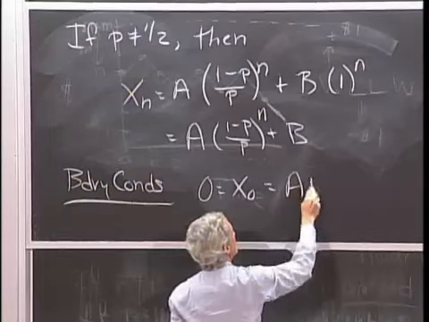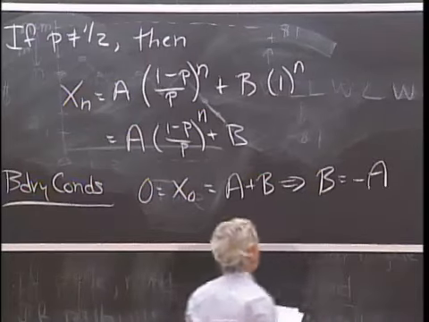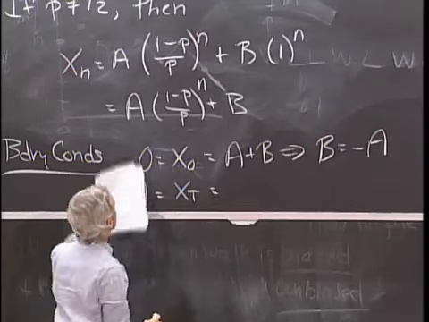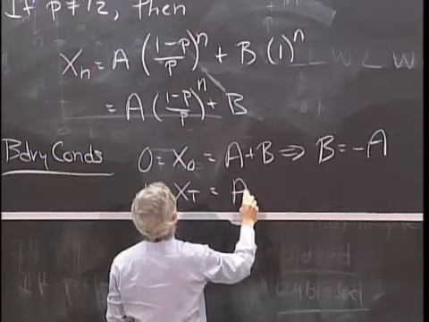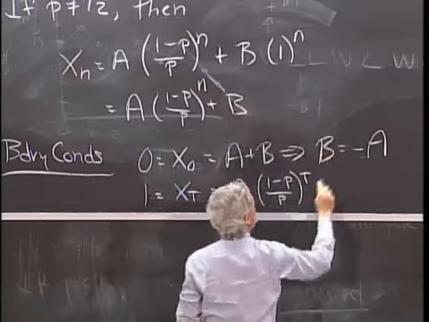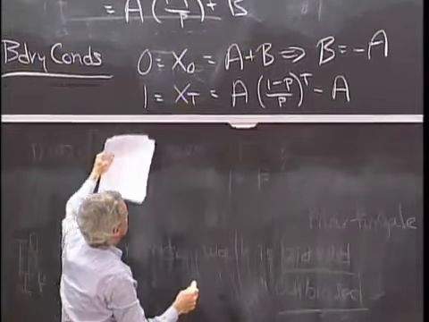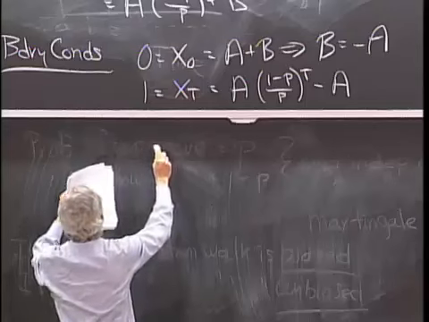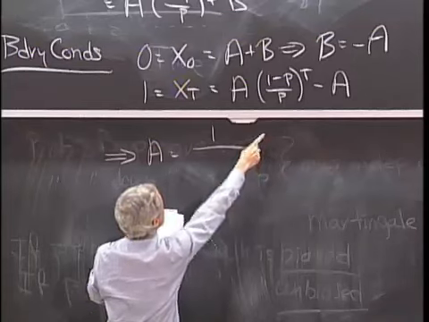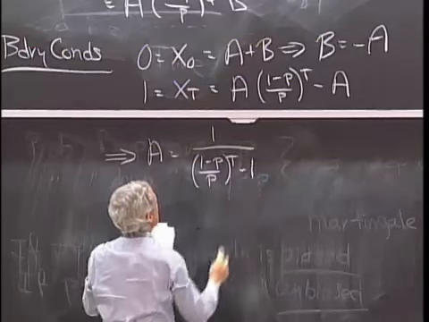That is A plus B. That means that B equals minus A. Then the second boundary condition is 1 equals x_t, and that is A times ((1 minus p) over p) to the t plus B, but B was minus A. And now I can solve for A. All right, so that means that A equals 1 over (((1 minus p) over p) to the t minus 1).